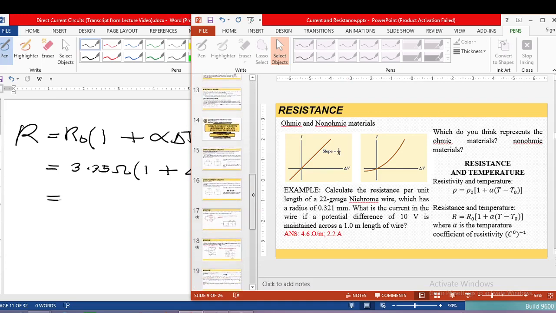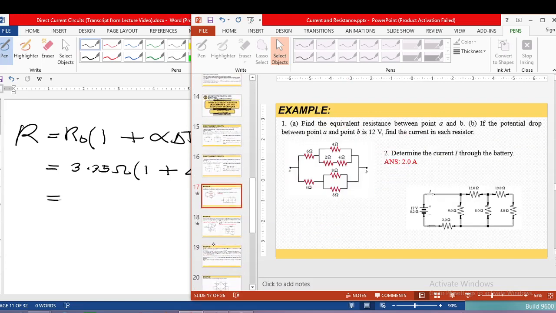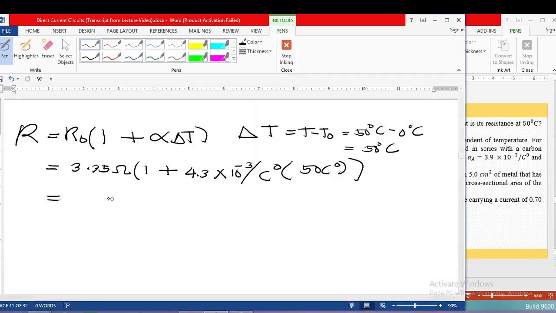Yeah, that is correct. So we just have to compute that: times 50 plus 1, and times 3.35. That is equivalent to 4.07 ohms. So the resistance increases when the temperature also increases.